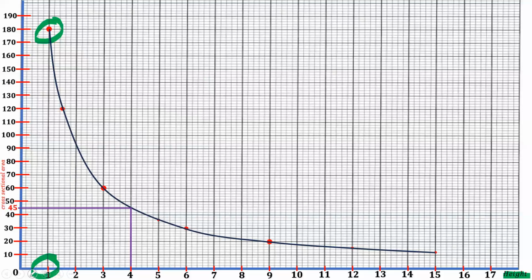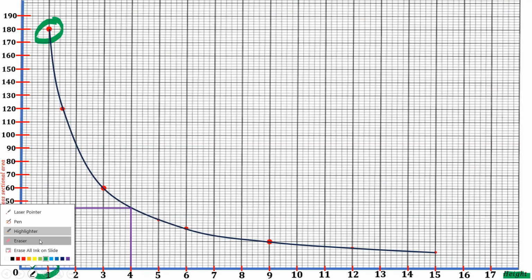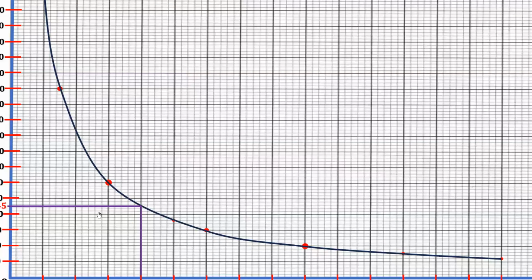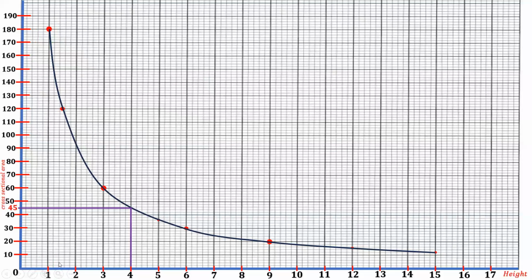Now, let me erase this. Erase all ink. So if we look carefully, we want 1.5, right? So 1.5 is going to be, this is 1, this is 1.2, this is 1.4, 1.6, 1.8, this is 2.